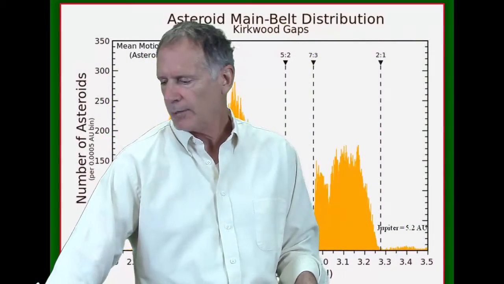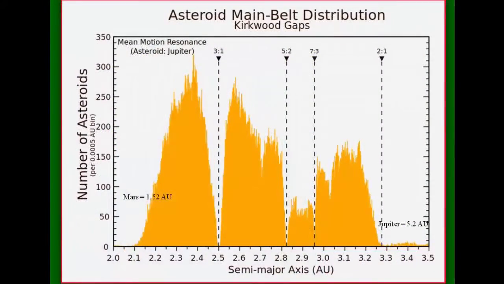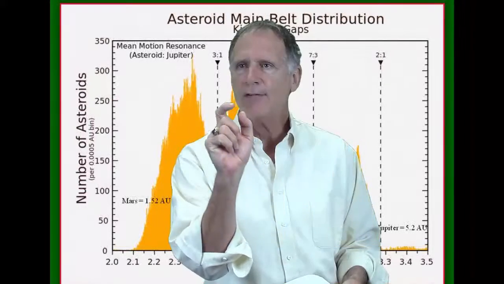Well, let me talk a little bit further on this diagram about these resonance times. These are called the Kirkwood Gaps. On the x-axis we have the number of asteroids, and this is like a histogram where each one of those bars that you see there is formed by 0.0005 AU.